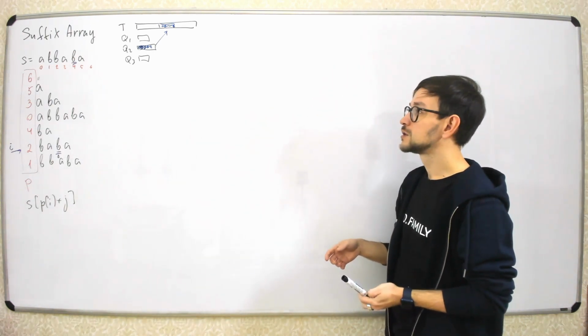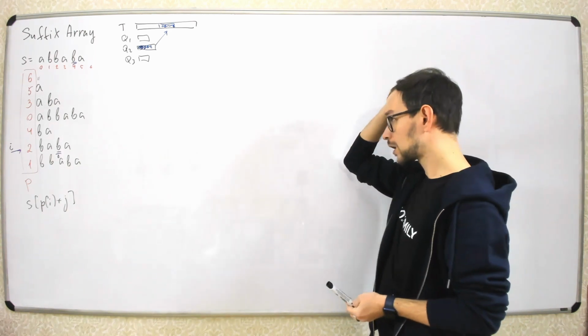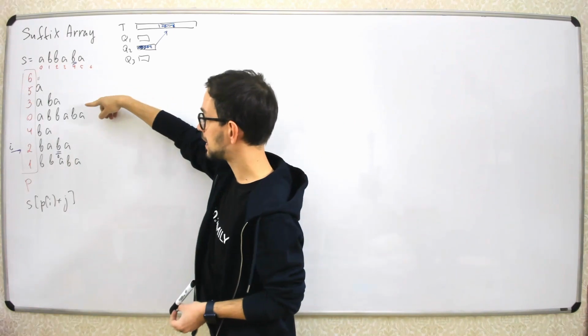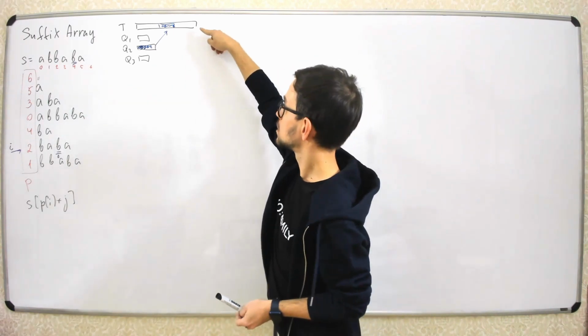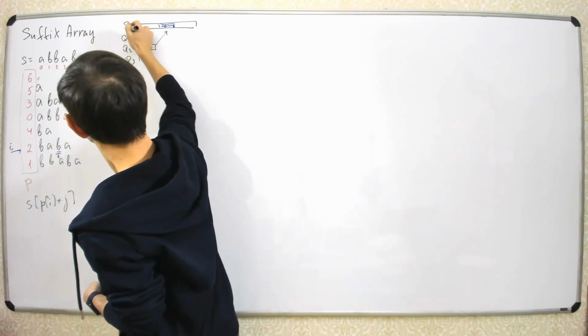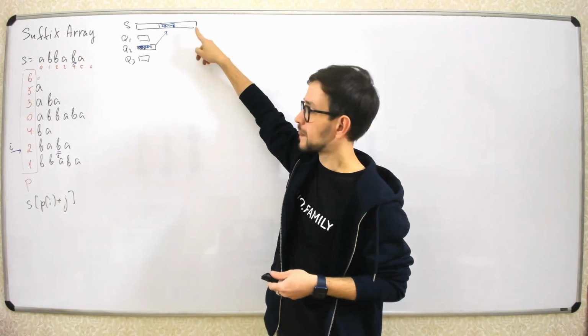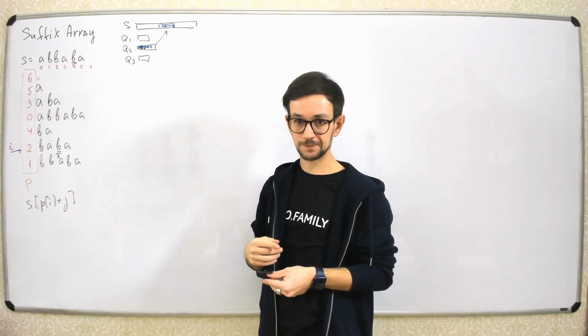Yeah? So for a problem like this, we can use the suffix array. So what can we do? We can build the suffix array for this text. Well, let's call it S, just to match this. So we take this text and build the suffix array for it.